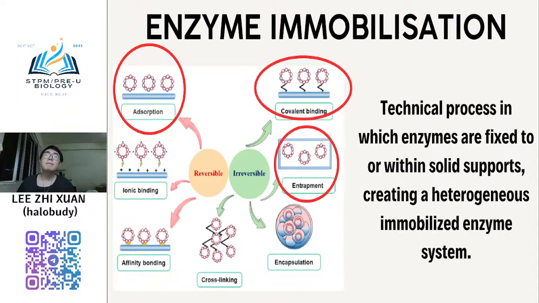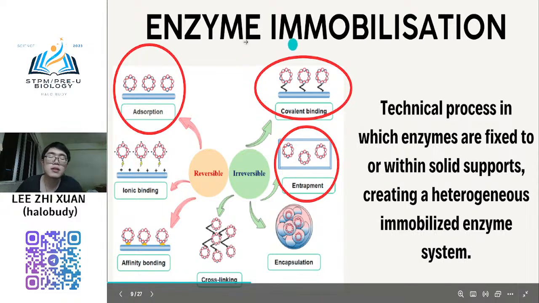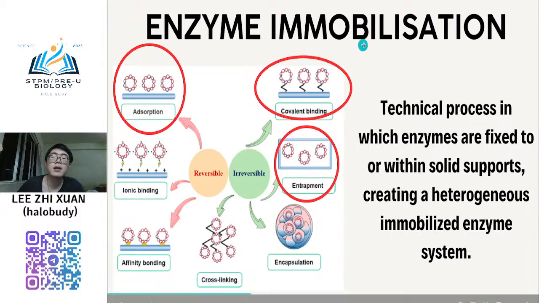But enzyme is very expensive. If you want to buy enzyme, it's very expensive. So if you want to increase the enzymatic reaction rate, you need to use this technology we know as enzyme immobilization.